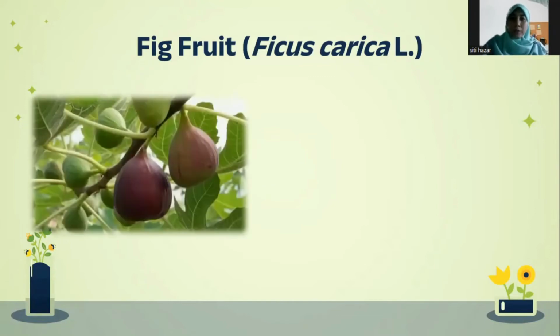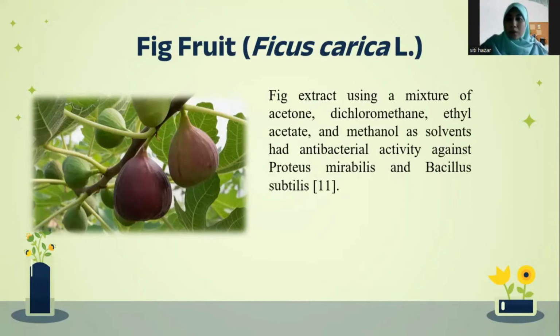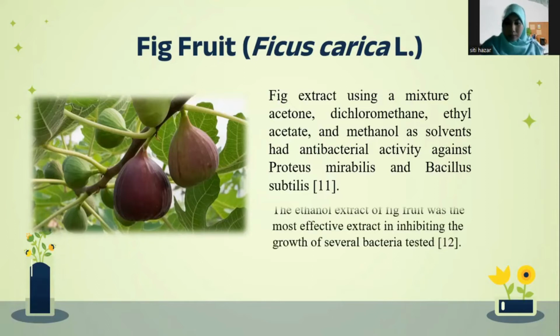This is the fig fruit or Ficus carica, one of the plants that have been studied to have antibacterial activity. This plant is also one of the plants mentioned in the Quran. The fig extract using a mixture of acetone, dichloromethane, ethyl acetate and methanol as solvents had antibacterial activity against Proteus mirabilis and Bacillus subtilis.